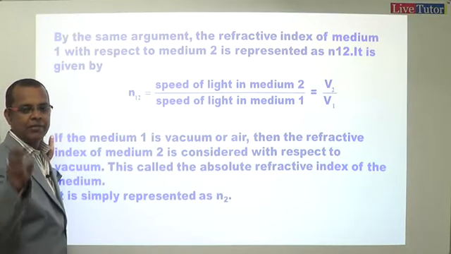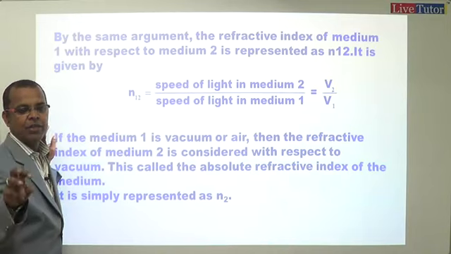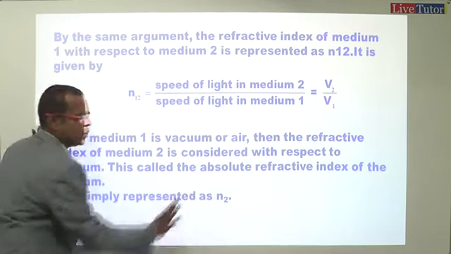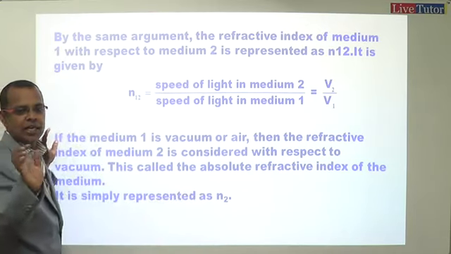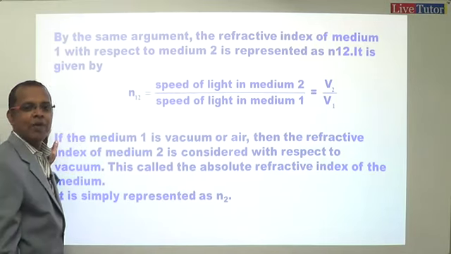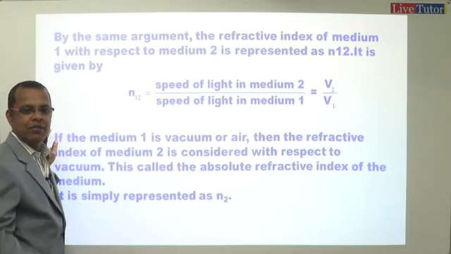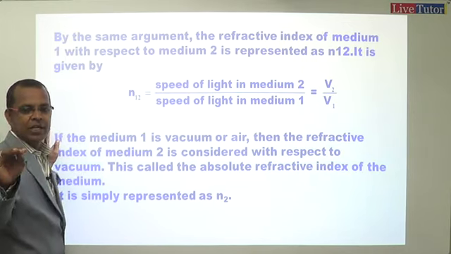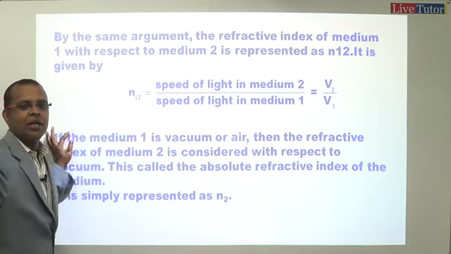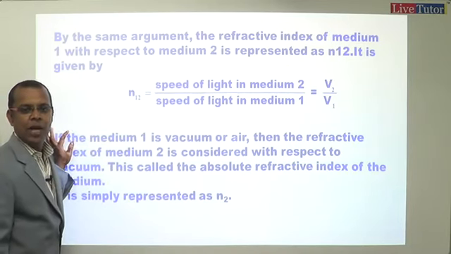When you are comparing the refractive index of any medium with respect to air or vacuum, that is called the absolute refractive index. It is simply represented as n2. Right? n2 means the second medium is compared with the air or vacuum. Simply, when we say refractive index of any medium, it means that we are comparing with air or vacuum.